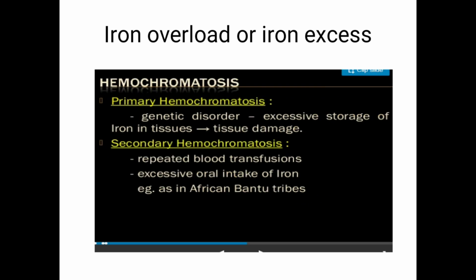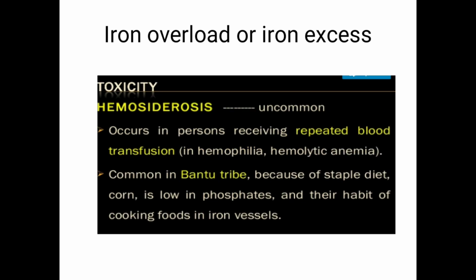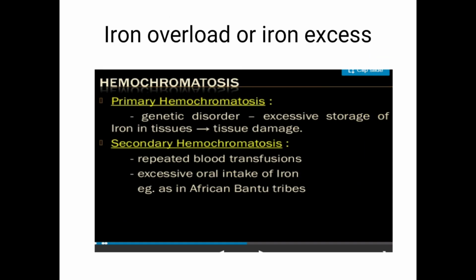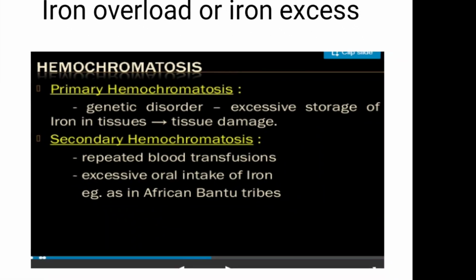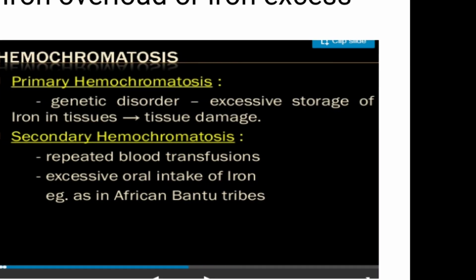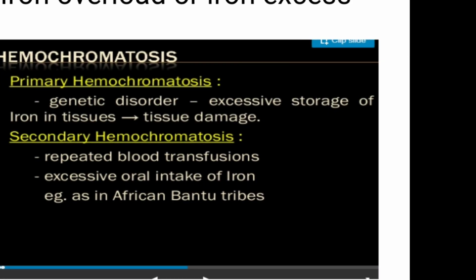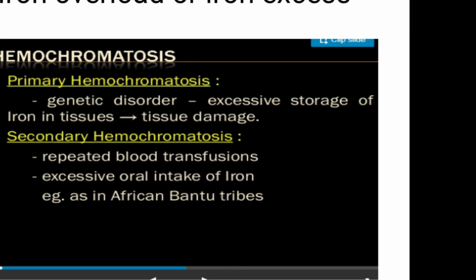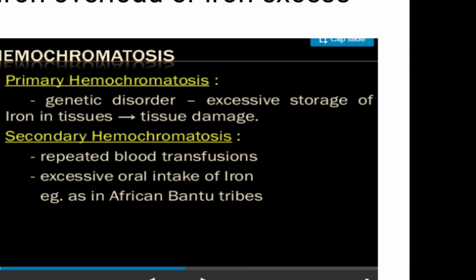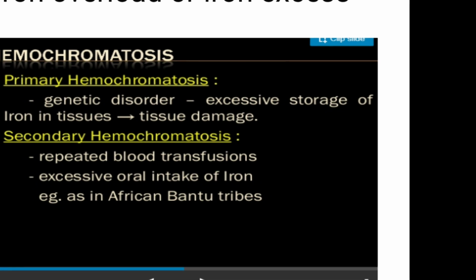Hemosiderosis, hemochromatosis. See, this is hemosiderosis. Next one, hemochromatosis. There are two types: primary hemochromatosis, chrome means color, and secondary hemochromatosis. Primary hemochromatosis is a genetic disorder, with excessive storage of iron in tissue that will damage tissue.